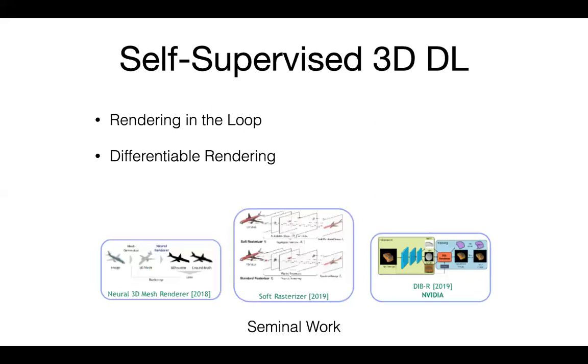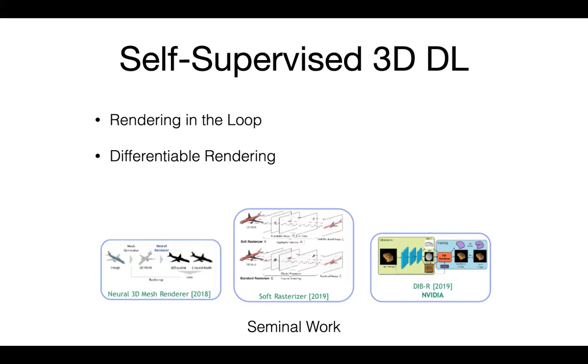Because here we have rendering, and then you can do self-supervised 3D learning. Take advantage of rendering, because you can put rendering in the loop, and you can use differentiable rendering to learn using back propagation. Because if rendering is differentiable, we can use the regular learning process using back propagation.